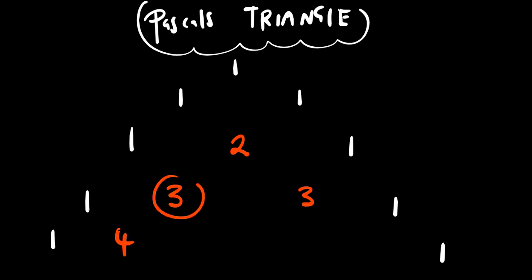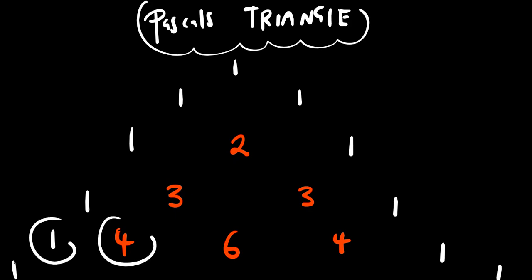If I add 3 plus 3, that will give me a 6. I'm going to write my 6 here. If I add the 3 and the 1, that will give me a 4. I'm going to write my 4 there. Okay, let me also put the last ones. Let me put a 1 here and at the very far end, like that. So now if I add 1 and 4, I'm going to get a 5.